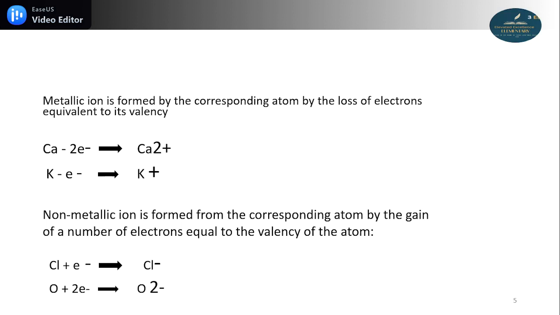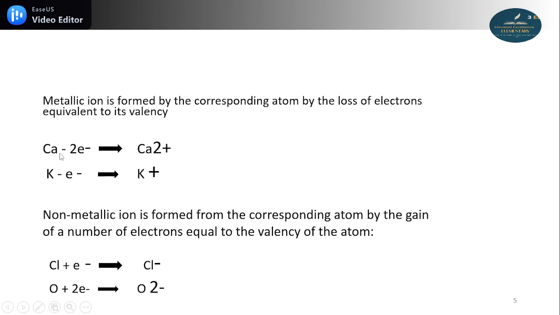So a metallic ion is formed from the corresponding atom by the loss of electrons equivalent to its valency. What does it mean? It means that a metallic ion is formed when a metal atom loses electrons.